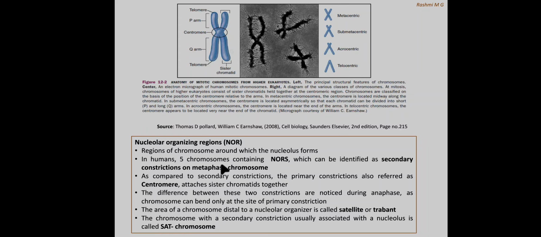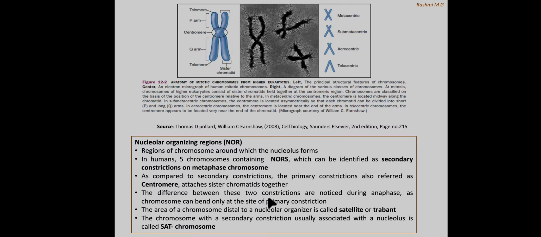In humans there are 5 chromosomes containing NORs, which can be identified as secondary constrictions on the metaphase chromosome. Here you can see the metaphase chromosome. As compared to the secondary constriction, the primary constriction is also known as the centromere. This is the primary constriction which attaches the sister chromatids together.